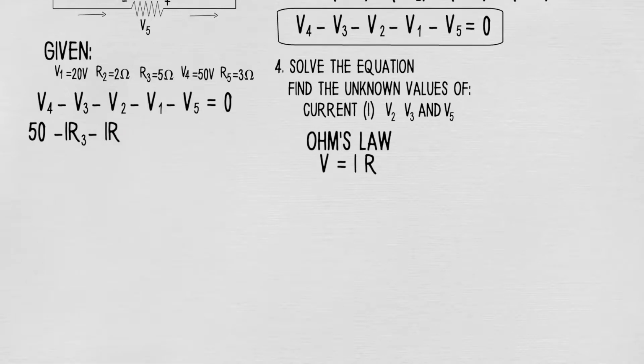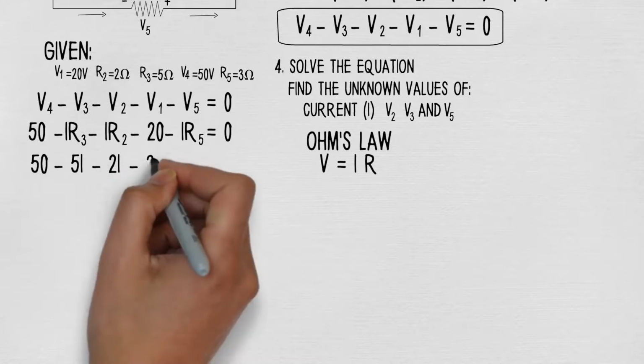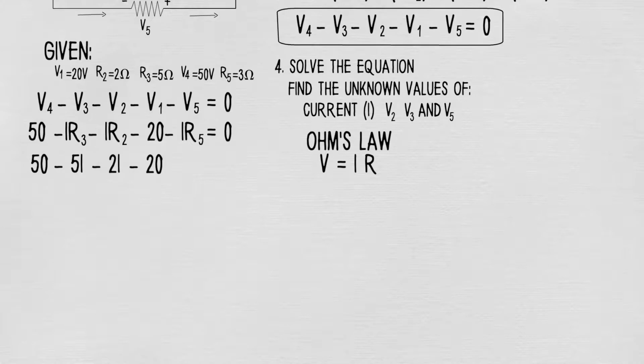We will do the same for V2, which is equal to I times R2 minus 20 for V1 minus V5, which is I times R5, then equals 0. Then let us substitute the value of R3 gives us 5I. Substituting the value of R2 gives us 2I minus V1, which is 20, minus V5, which is 3I, equals 0.